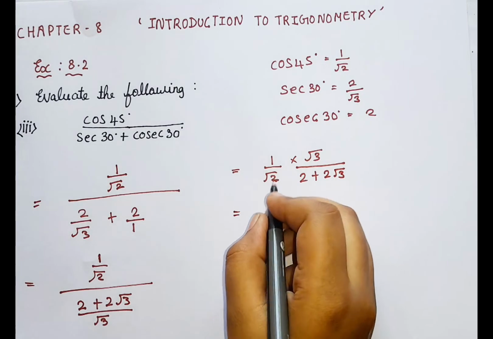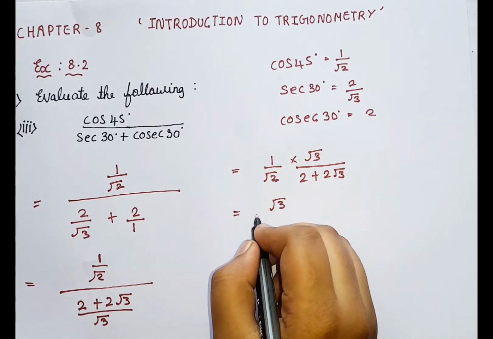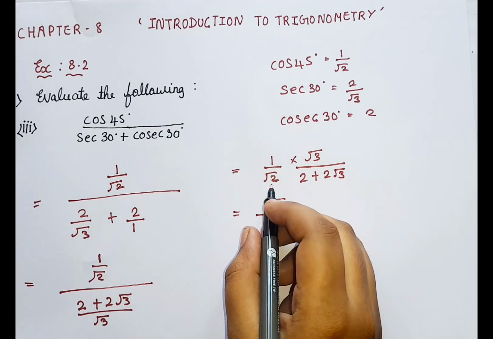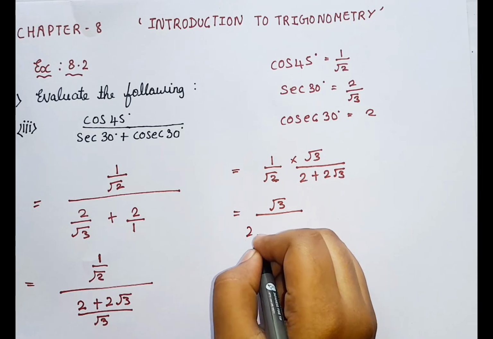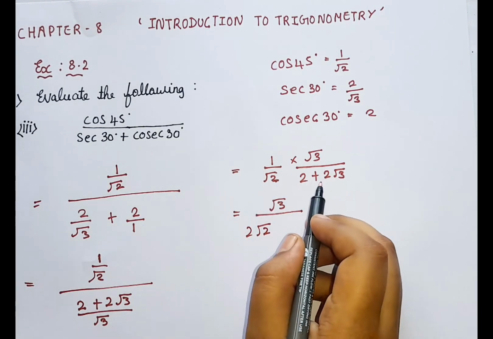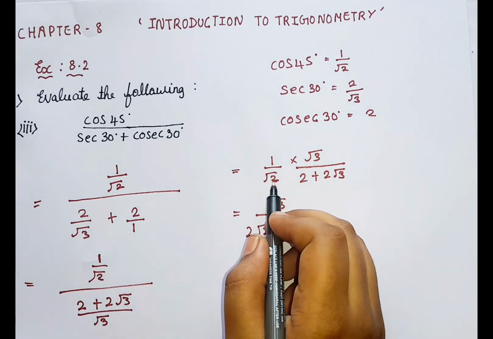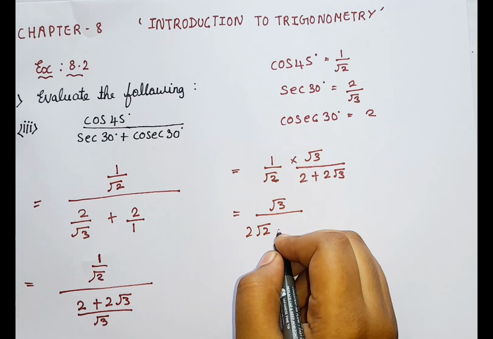Now we can write is equal to 1 into root 3 is root 3, divided by root 2 into 2, which is 2 root 2. I'll do it slowly. Root 2 into 2 root 3: first let me write plus.